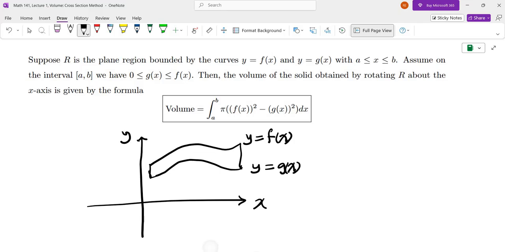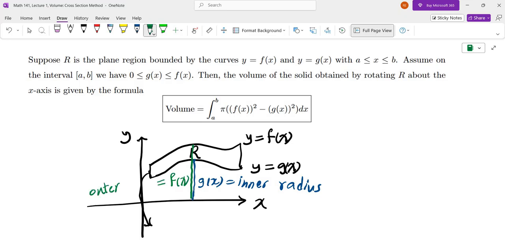And we take this region and rotate it about the x-axis. So we're going to get washers. The inner radius would be g of x, and the outer radius would be f of x. So this would be our outer radius.